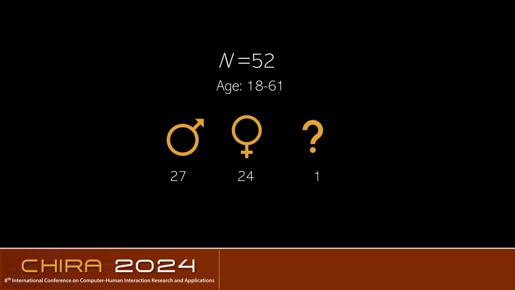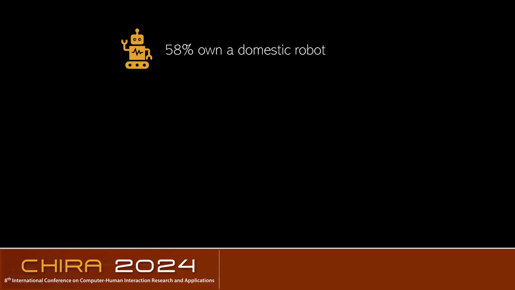52 participants, aged 18 to 61, took part in this online experiment: 27 males, 24 females, and one who chose not to specify their gender. The respondents' NARS scores followed a normal distribution. 30 respondents, which are 58% of the respondents, own a domestic robot.